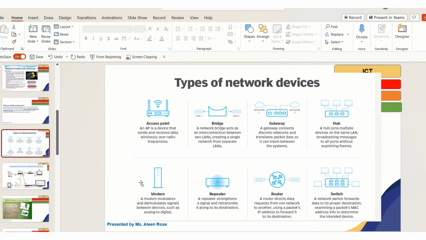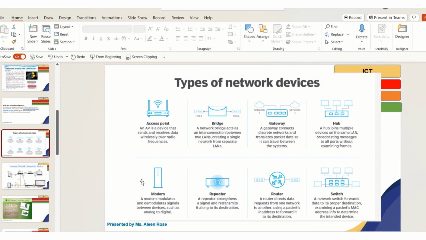It modulates and demodulates the signal, like analog to digital, digital to analog. The function of the repeater is to strengthen the signal that gets weak with high ranges. As the range is big, the signal also will be weak, and with the use of a repeater or a booster, both are same, the signal is strengthened.